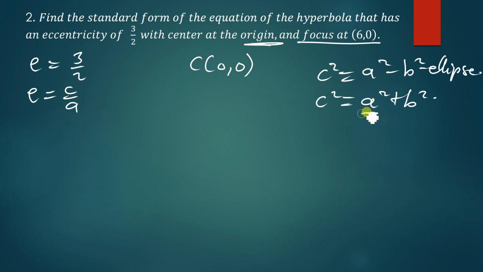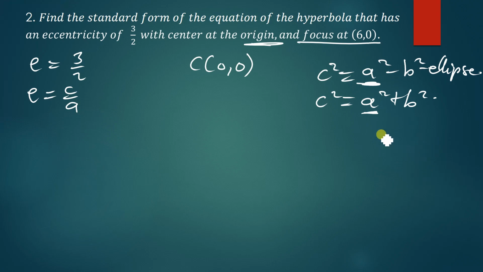So this value of a is the distance from the center to the vertex, as it was for the ellipse.